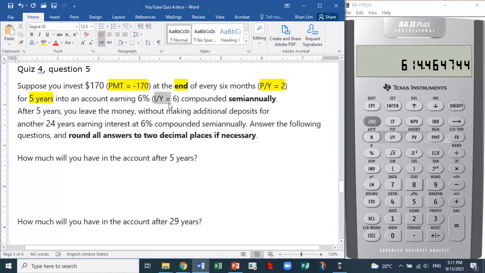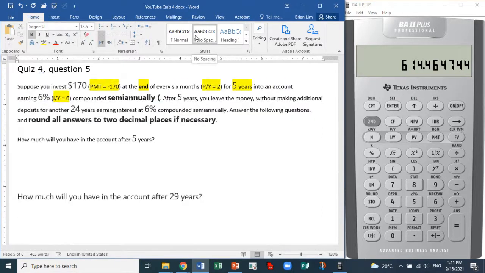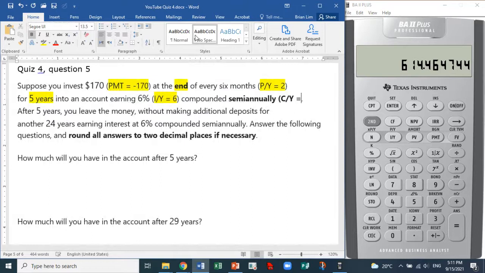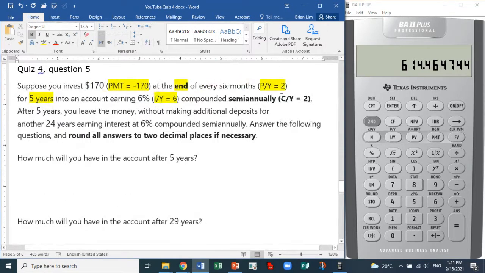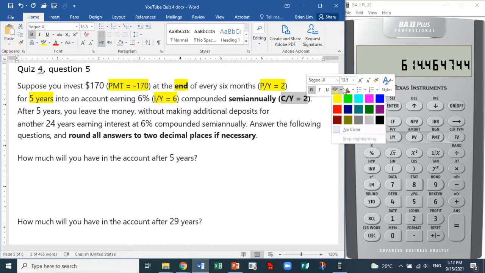Let's highlight that there. IY is equal to 6 and compounded semi-annually. So what does that mean for us? It means that CY is equal to 2. Okay, so we are doing very well.